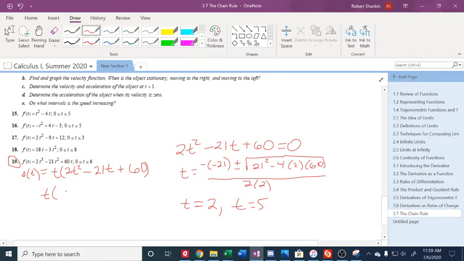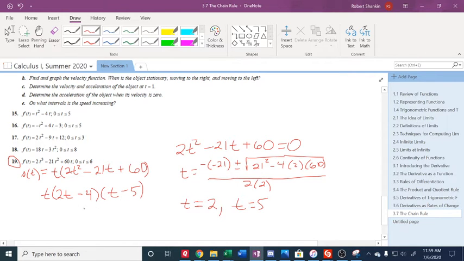We would have had t minus 5 as one of the factors, and then 2t minus something, and to get 2, it would have had to have been 4.